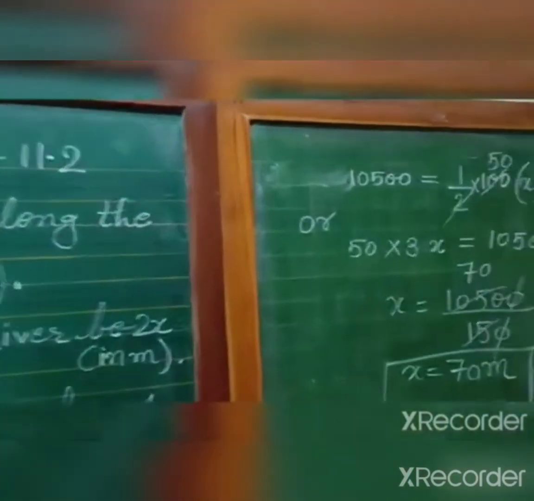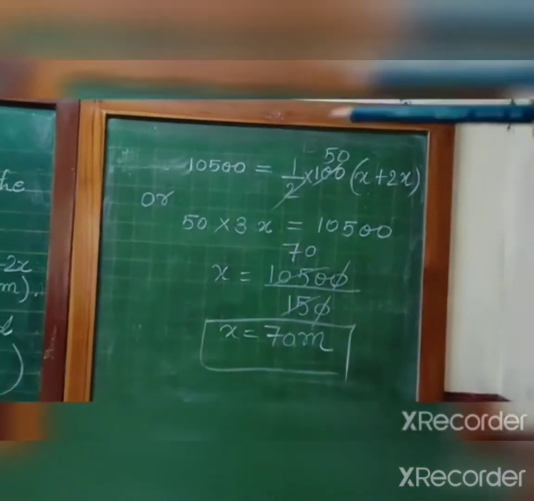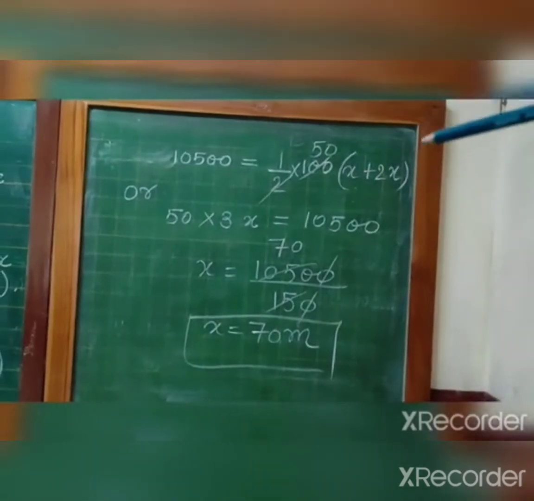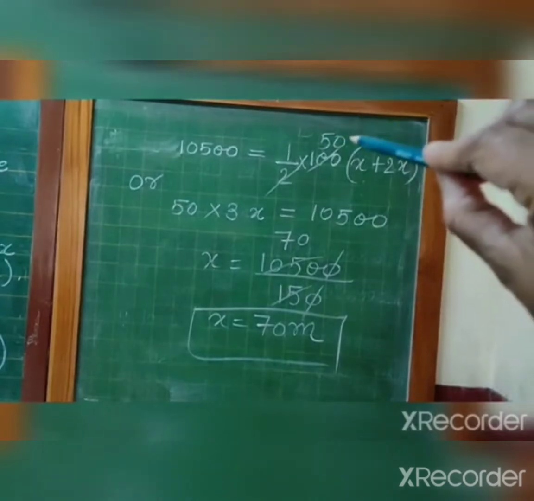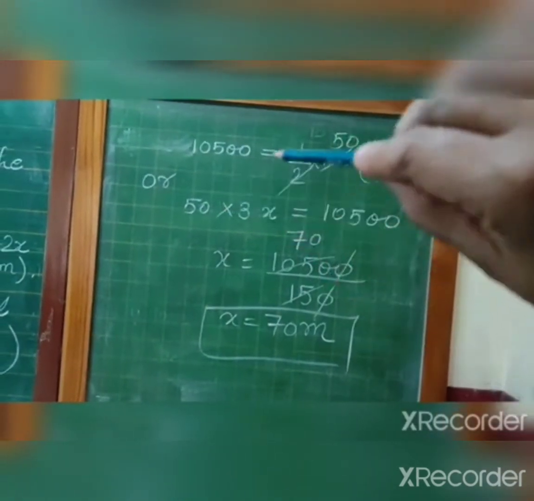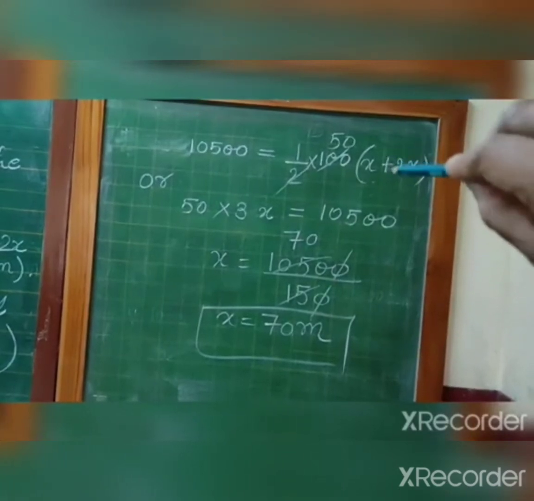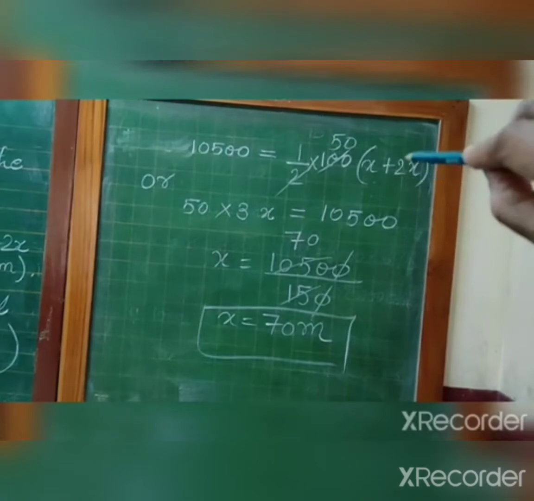So area is given in the question 10,500 is equal to half, and height is given 100, x plus 2x. Now 100 divided by 2, 50 times. So, or we can write this value in the left hand side and this in right hand side. So x and 2x, here 1 we will assume, so x plus 2x, 3x.